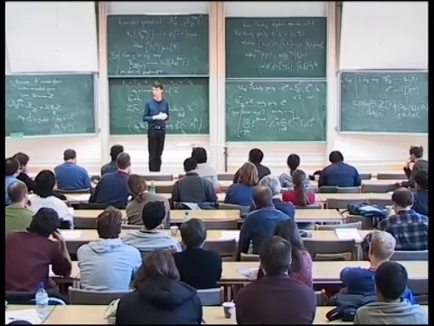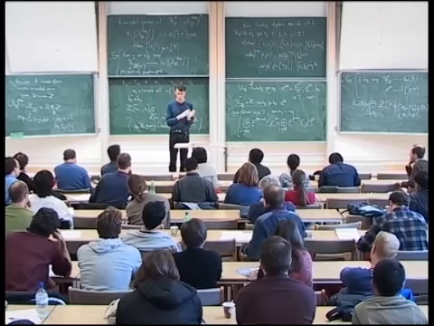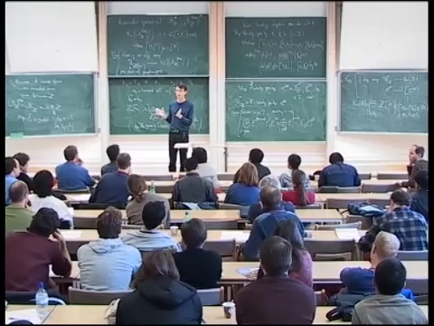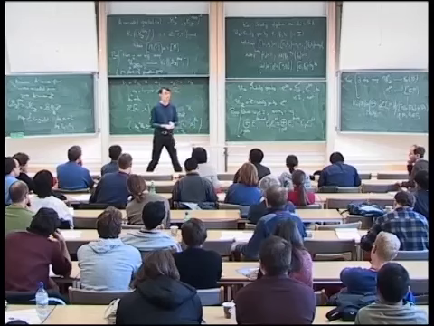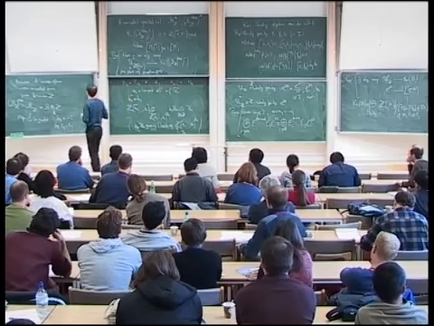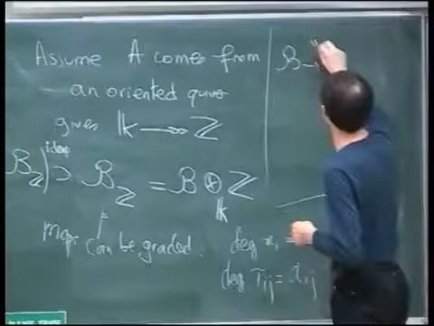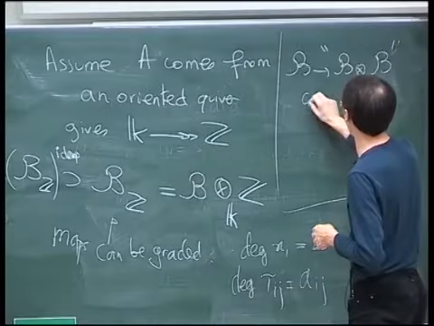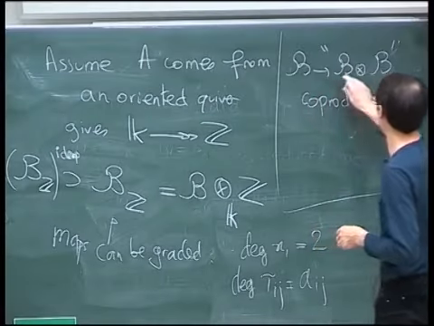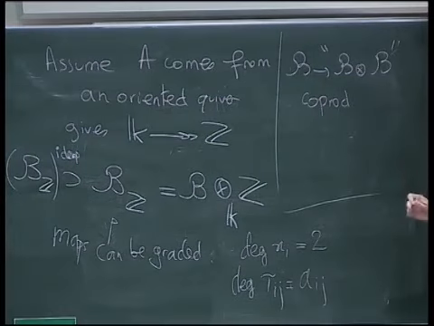It is possible. But it's not something going from B to B tensor B. It's some kind of homotopical version of that. You can define some kind of coproduct, but ordinary categories don't work.